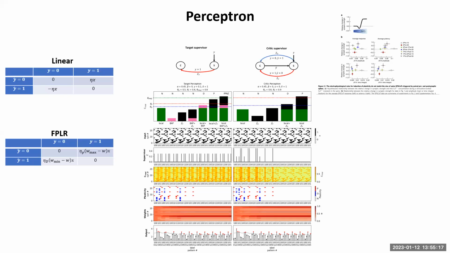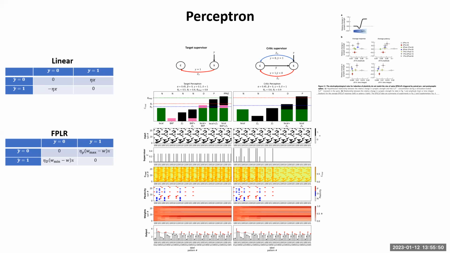Now, in order to implement this kind of supervisory circuit, you need to cheat a little bit. The reason why you need to cheat is because of this situation here. If the supervisor is 1, so the supervisor is telling you to fire, and also the neuron fires, that's always going to be the case where you have the most calcium, right?